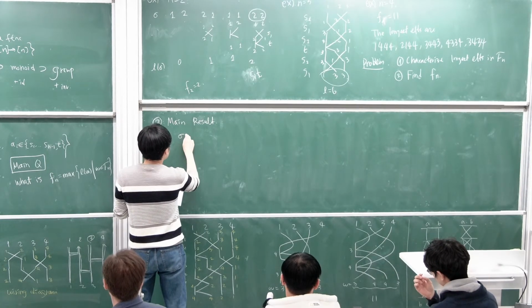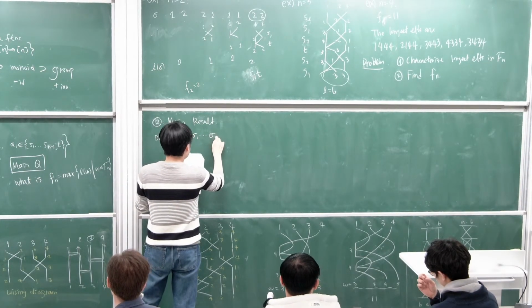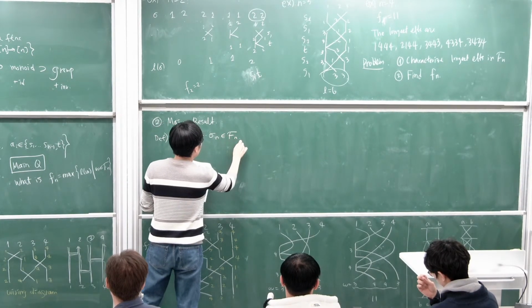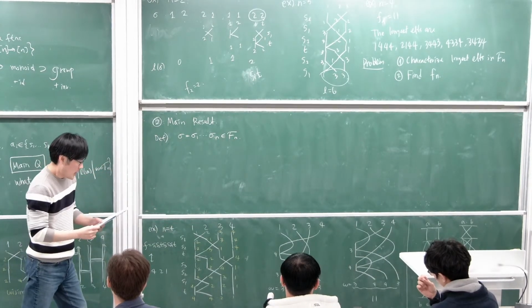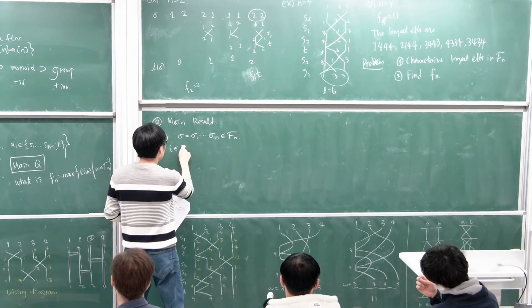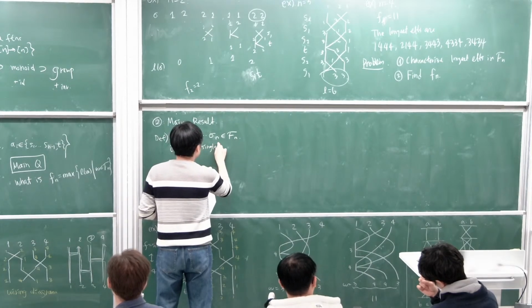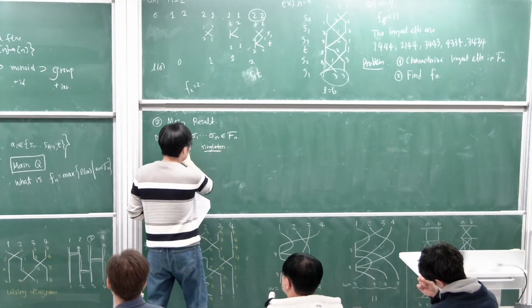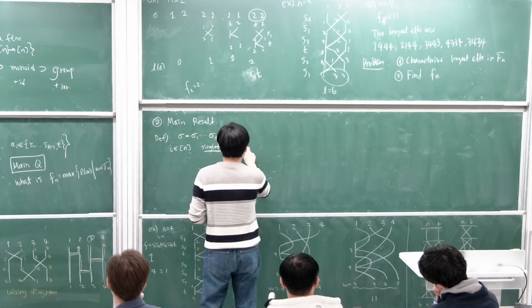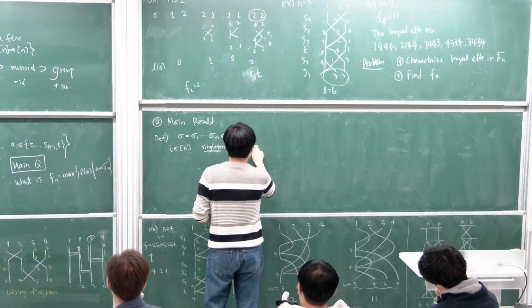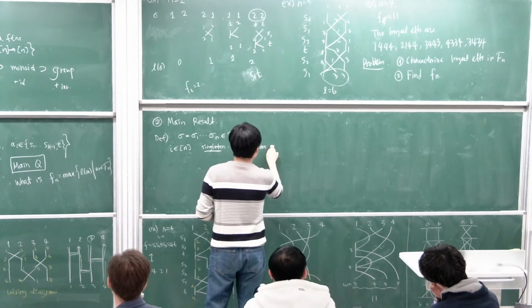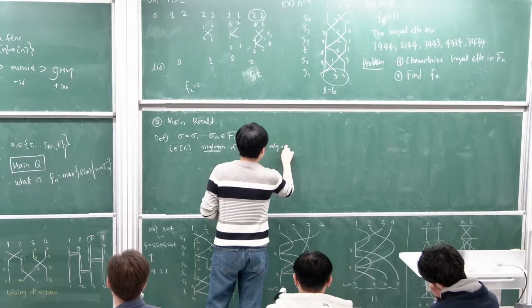Let sigma be a word or a function. Let's fix sigma. An integer i is a singleton of sigma if i appears only once. You mean sigma i?